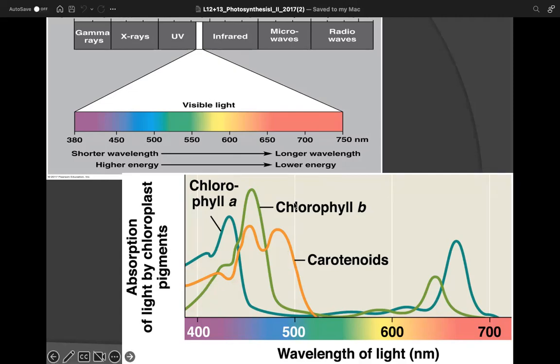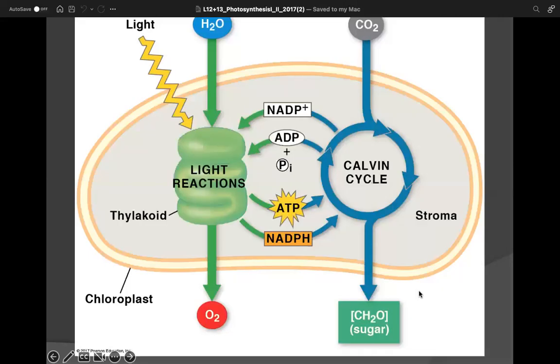You can see that here where those peaks are. Here where the green wavelength is, there's almost no absorption, or no absorption from the carotenoids. And then back again in the red area of the spectrum, we have some more absorption from chlorophyll A and chlorophyll B.